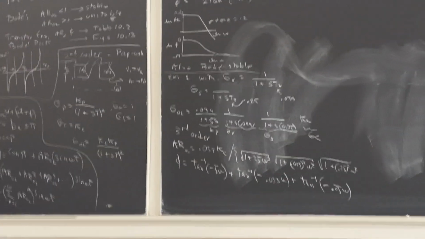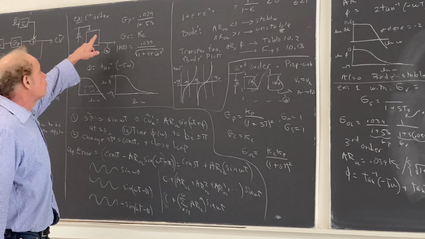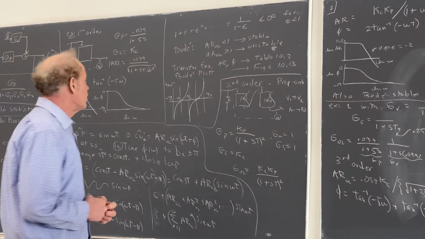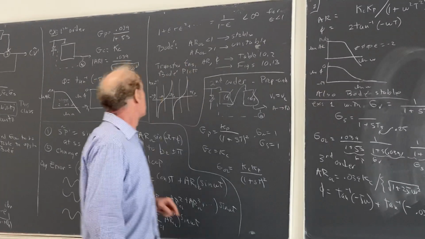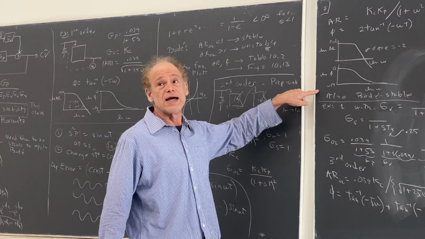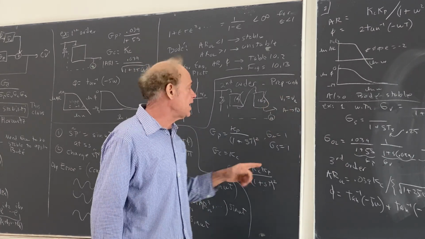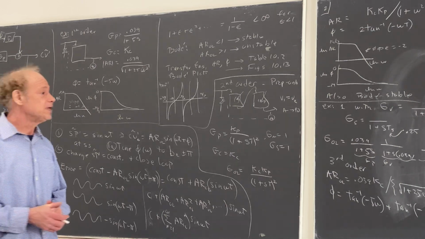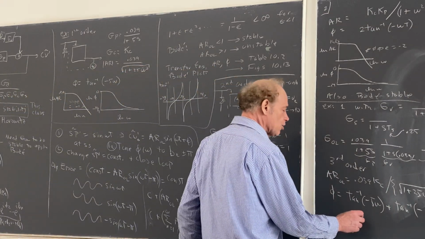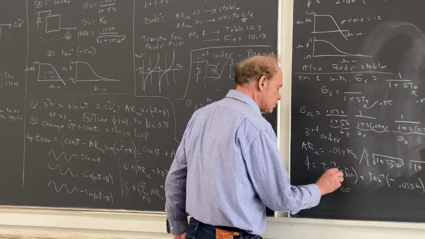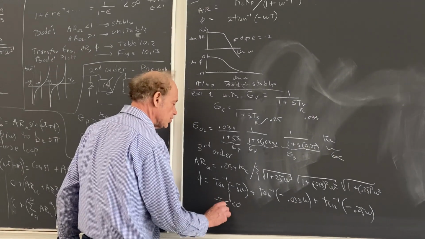And let's just look at this. Remember, in the first order and the second order examples, things remain stable because no matter what I did to omega, I couldn't get less than pi over 2 here, and I couldn't get all the way down to pi here. So if I can't get to pi, then according to the Bode criterion, it's stable. Well, this guy goes from 0 to minus pi over 2.